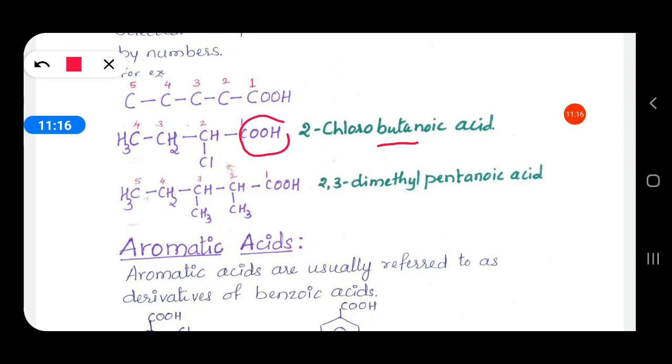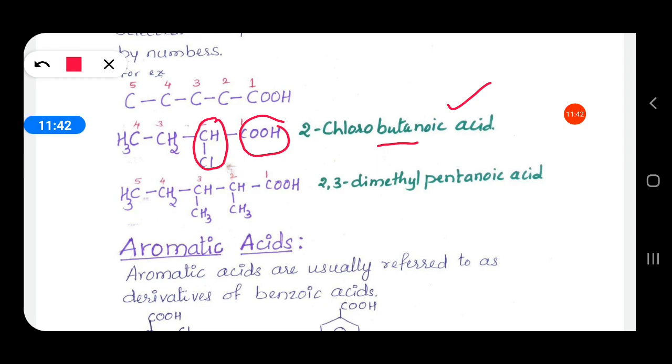And due to this functional group, it is called butanoic acid. On the second carbon, one substituent, a chloro group, is present. Therefore, the prefix added is 2-chloro. 2-chlorobutanoic acid. If more than one of the same substituent is present, di, tri, tetra is used.